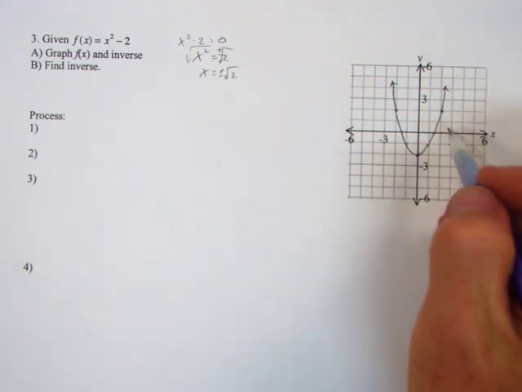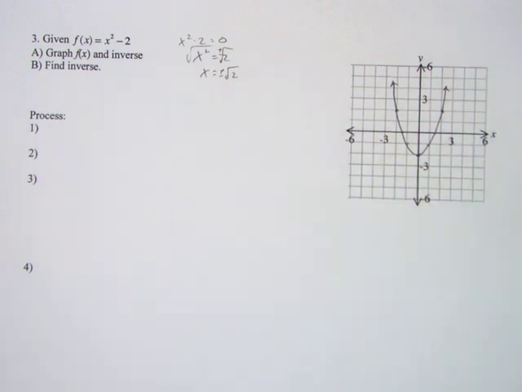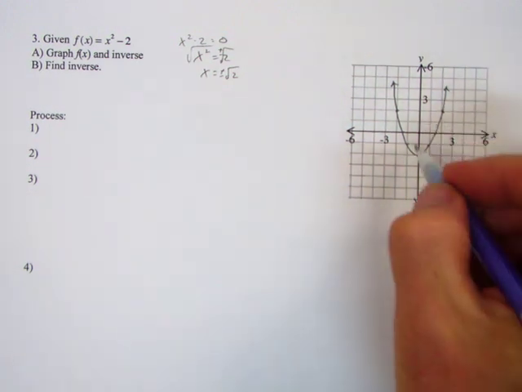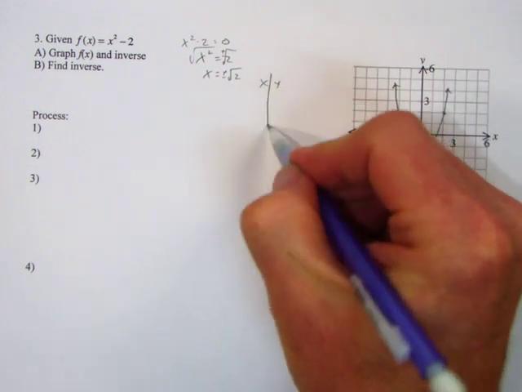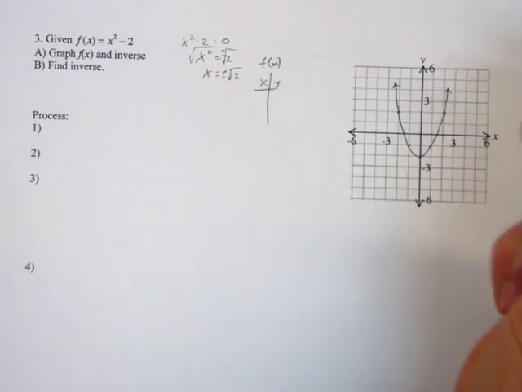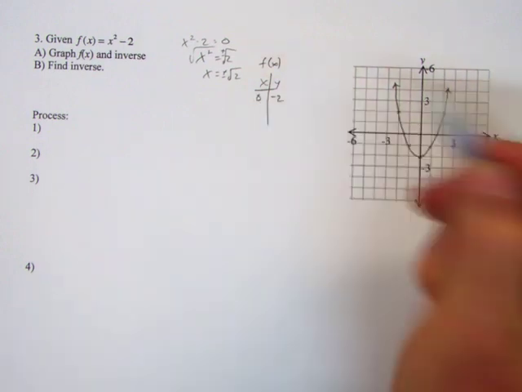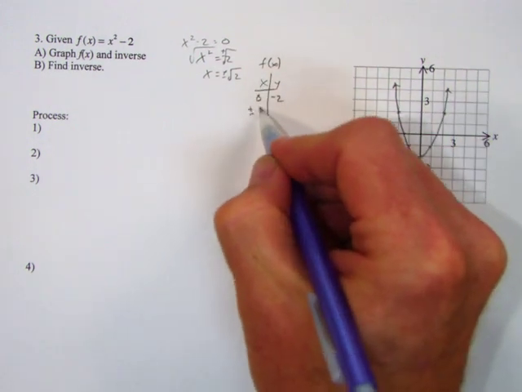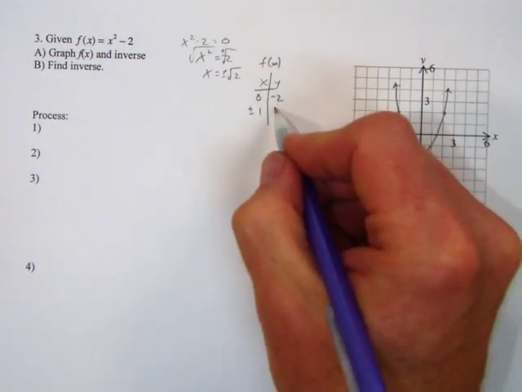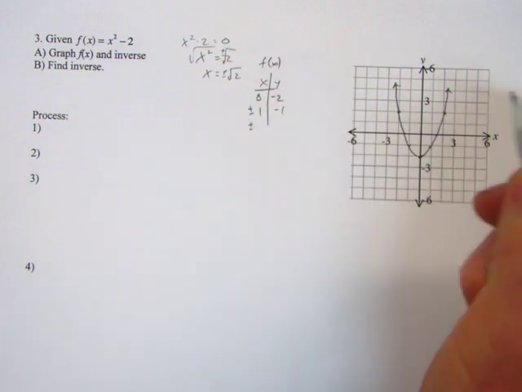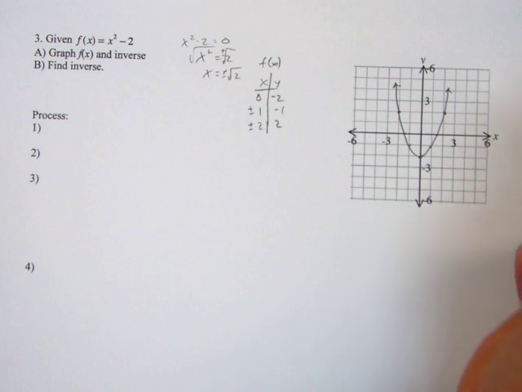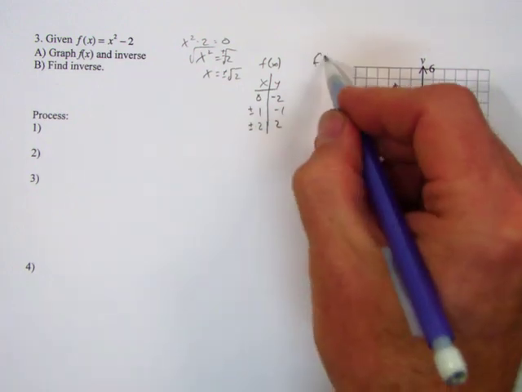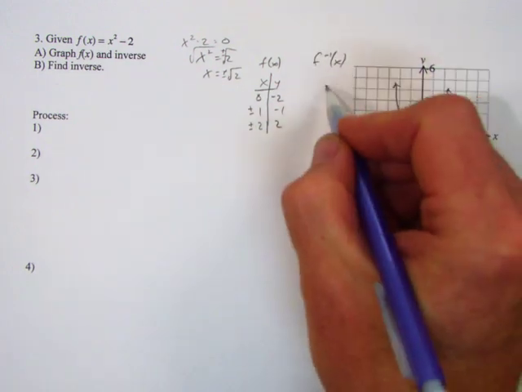Now, what would it be if I graphed the inverse? I have all these points on my graph, which I just labeled here for f of x. I have 0, negative 2, plus or minus 1 and negative 1, and plus or minus 2, and that went with 2. So for f inverse, remember they're switched.